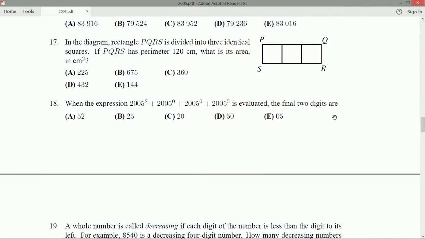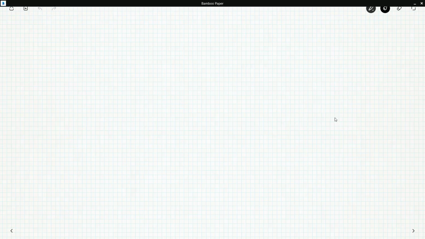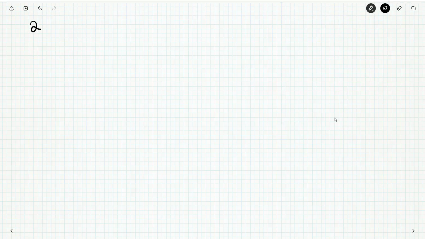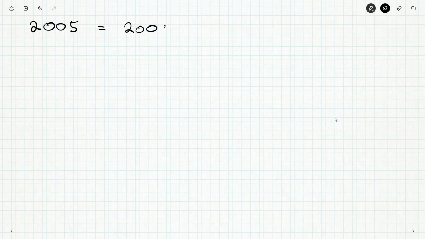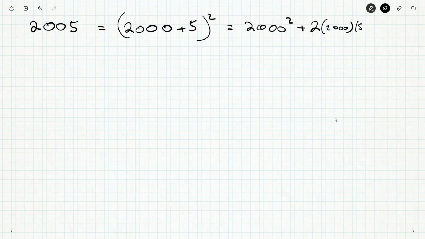2005 is a very nice number because of those zeros in the middle. So 2005 is 2000 plus 5. If I were to square that, I'd get 2,000 squared plus twice 2,000 times 5 plus 5 squared.